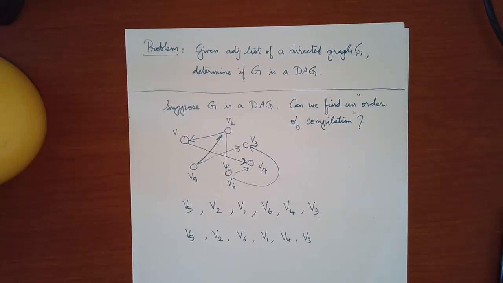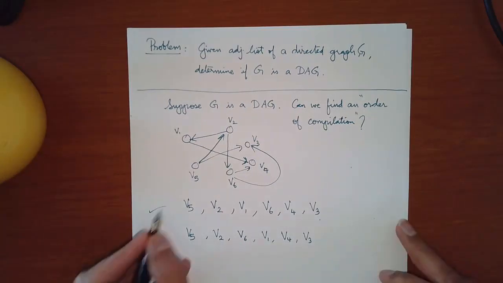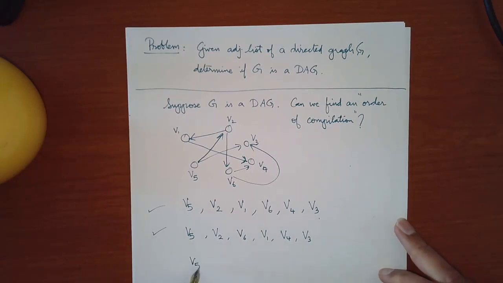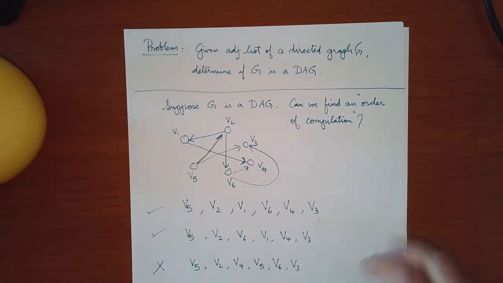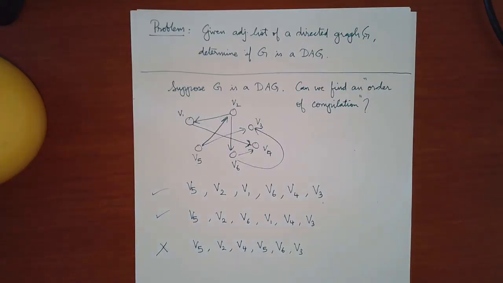There's some pattern here. These are okay. But this ordering, this is not okay. Why is it? Because V2 does not point to V4.